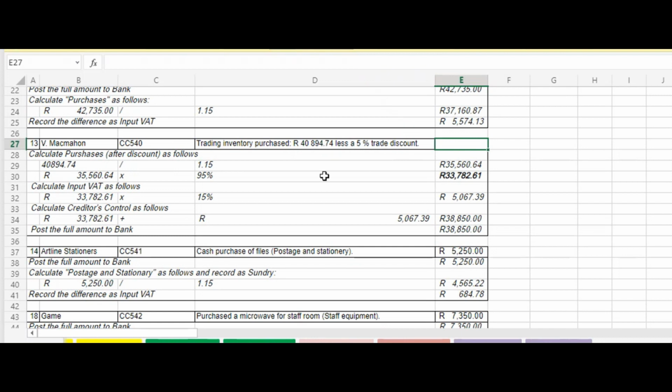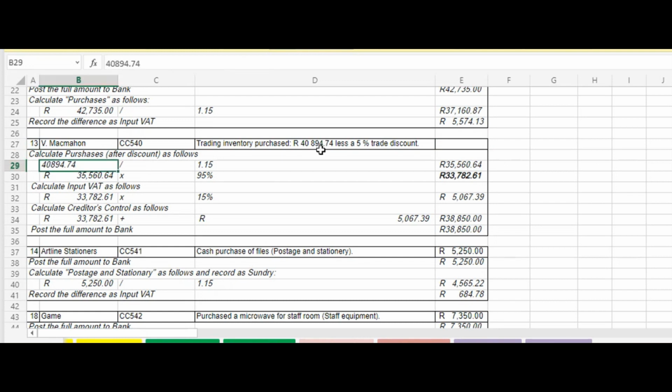So what do we have to do? Now remember, I always say to you that the discount is always given and received on the VAT exclusive amount. So the first thing we have to do is calculate the purchases after discount as follows. And this is what we do.